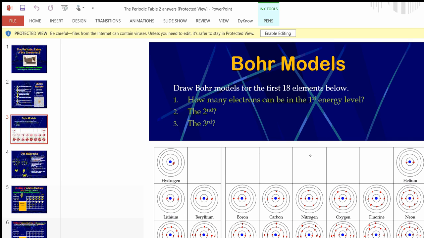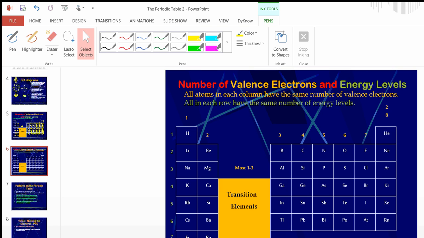When you go to the next row, all the electrons are able to fit in just the first two, so in 2 energy levels, all in 2, and then the next they all fit into 3 energy levels. And again, that's a pattern that holds through the rest of the periodic table. So hydrogen and helium have only 1 energy level.